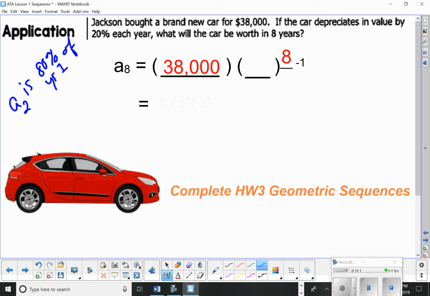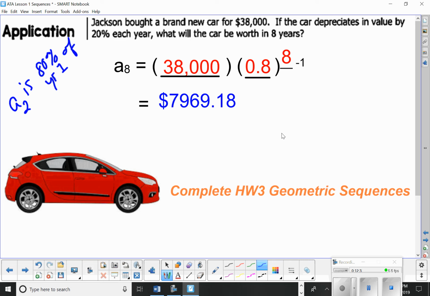Not 20%. So it's losing 20% each year, but it still has 80%. That's why my r value is not 0.2, but 0.8. That's the only tricky part here. Once you realize that, just plug it all in and boom, there's your answer.